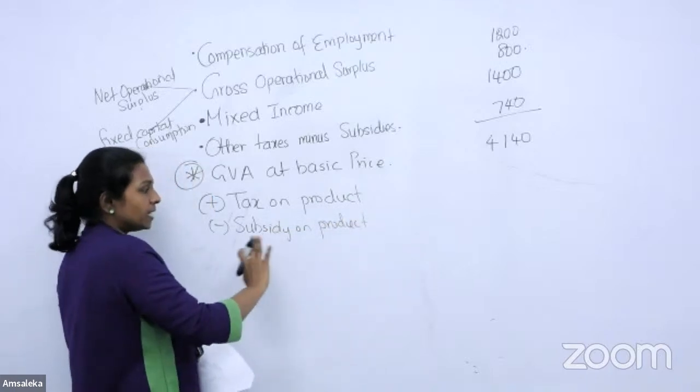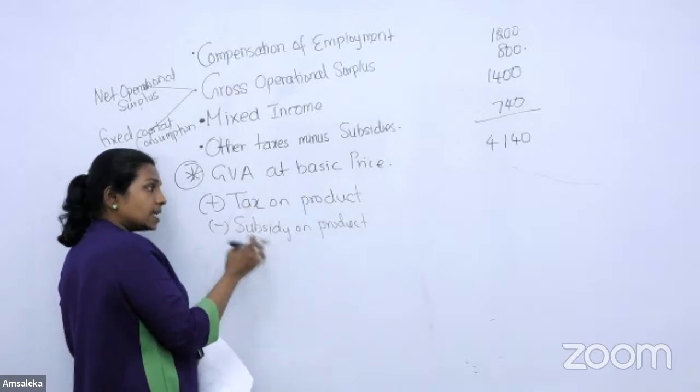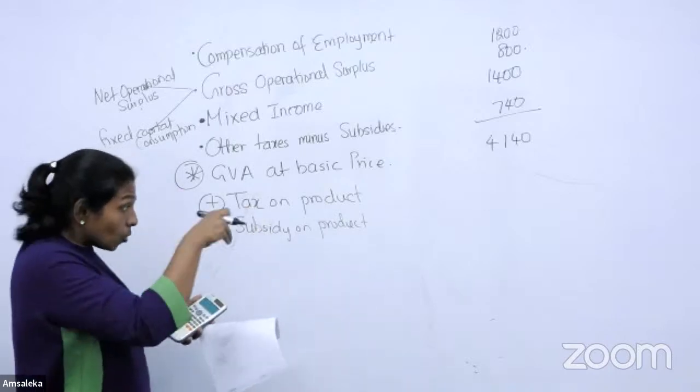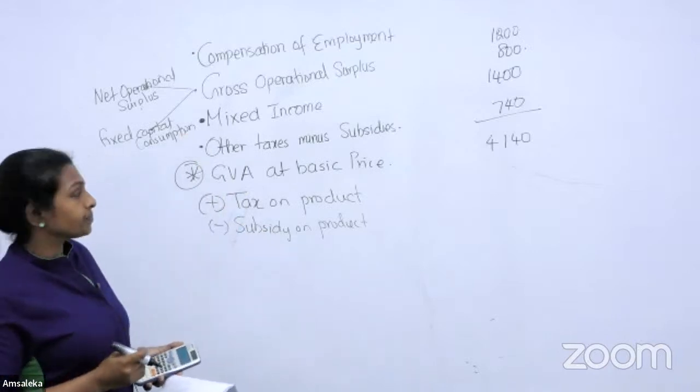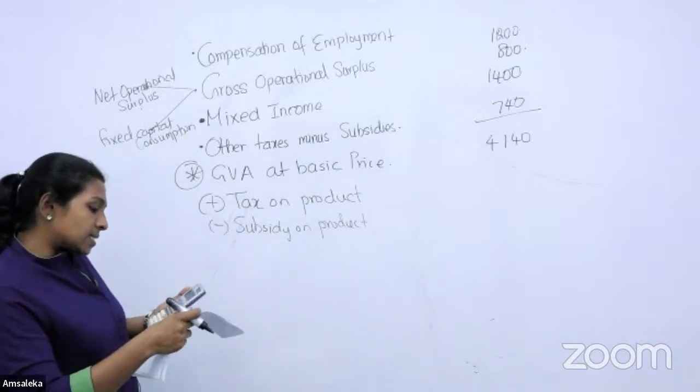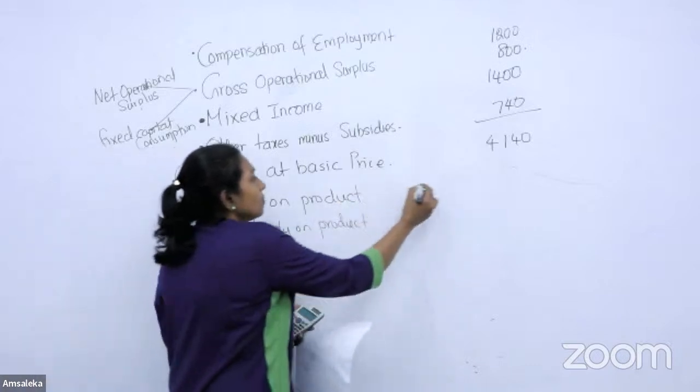So subsidy will be deducted. Tax is added, subsidy will be deducted. This is on product, in order to do your production function. Here tax is given as 250.